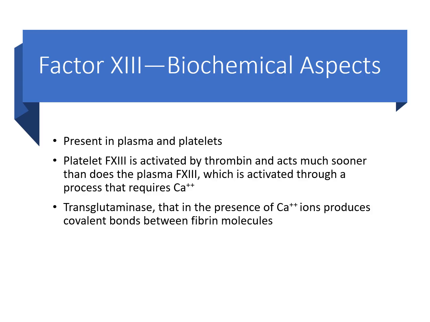Speaking of biochemistry, let's talk about some of the biochemical aspects of factor 13. Factor 13 is found both in the plasma and platelets. The platelet associated factor 13 is activated by thrombin, and again, here we are, thrombin is playing a role in activation of platelets and factor 13, and it acts much sooner than does the plasma factor 13.